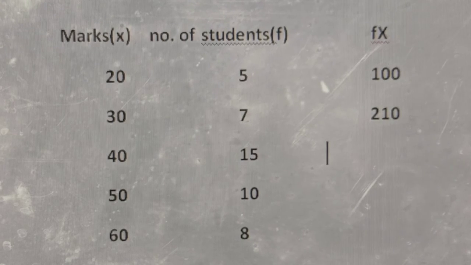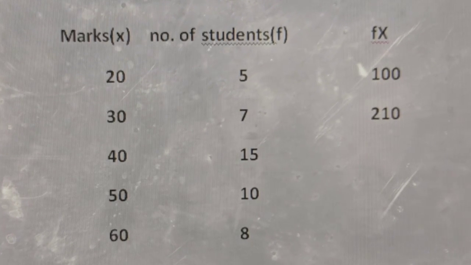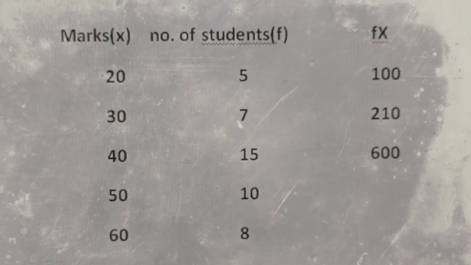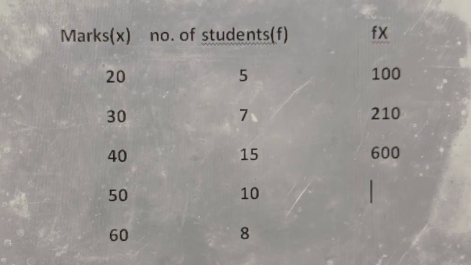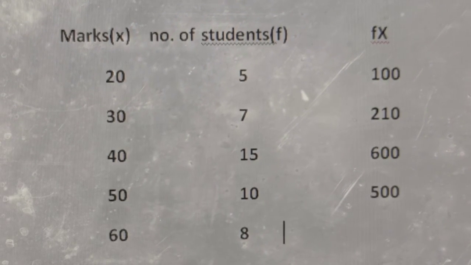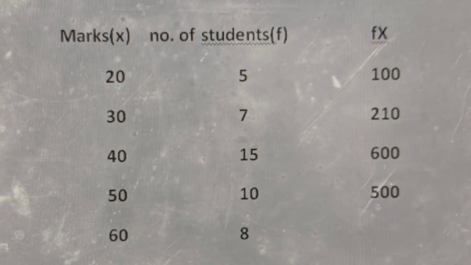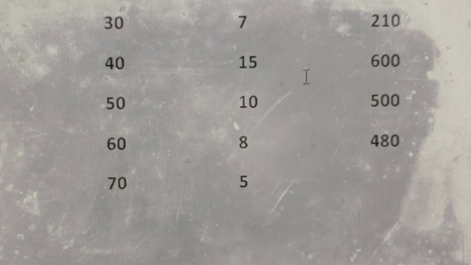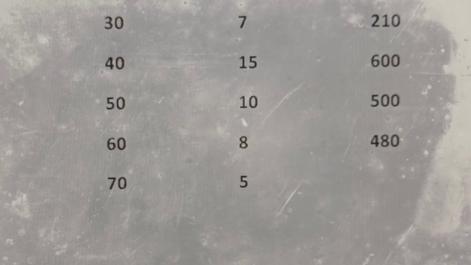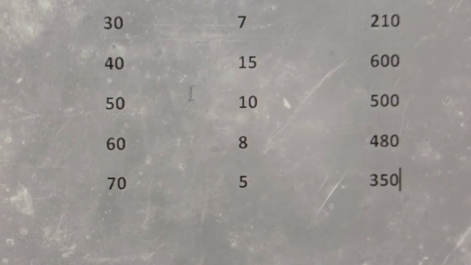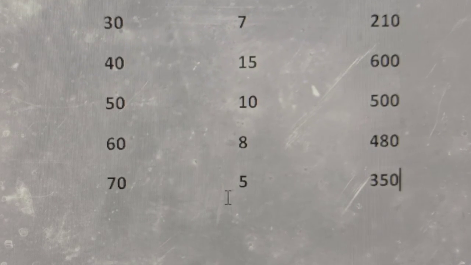Then 40 into 15. In this way we'll multiply and go on, and it becomes 500, then 480, then 350.